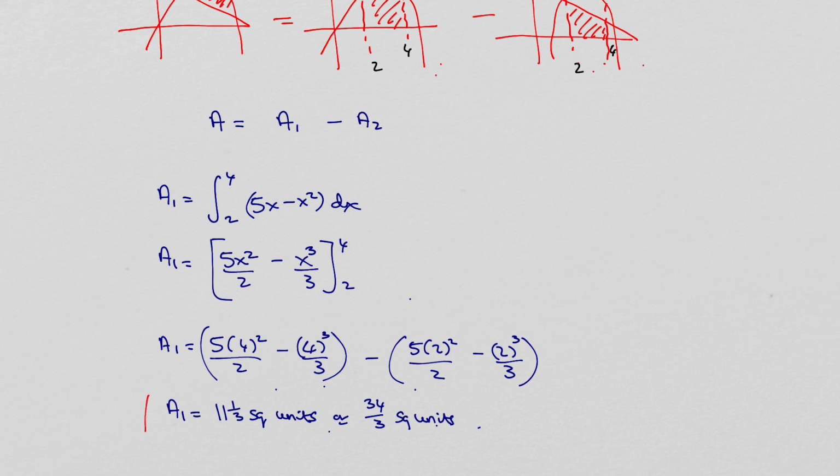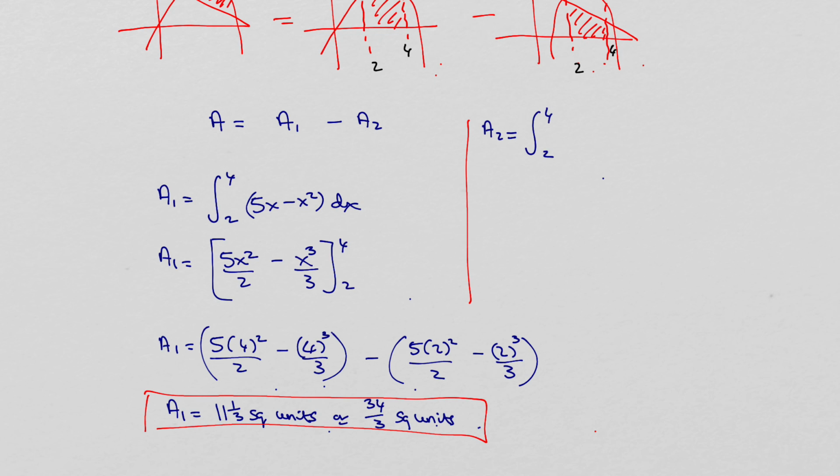And then we want to get area 2, which can be found by integrating or by using the trapezium. So let's just say we integrated it. Well, again, we'd still be doing 4 and 2, and the line was 8 minus x.